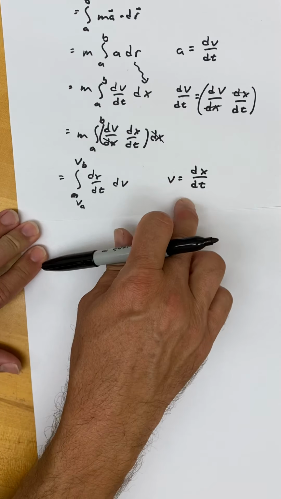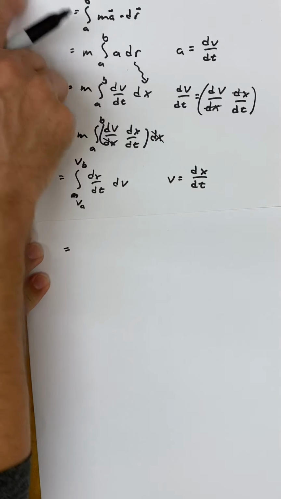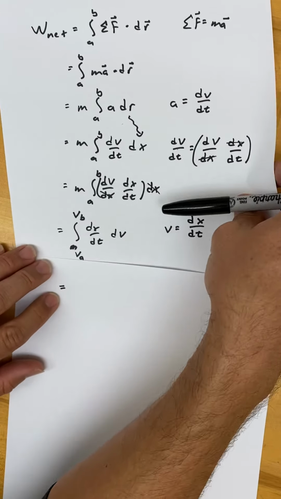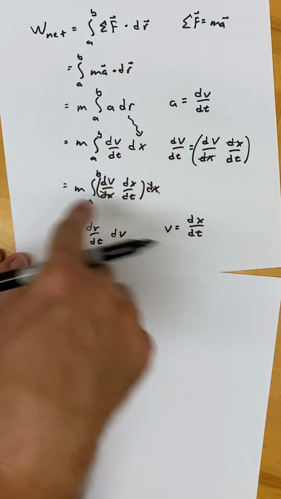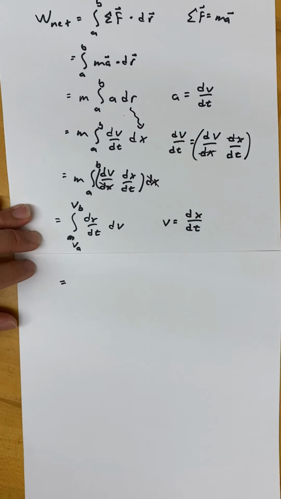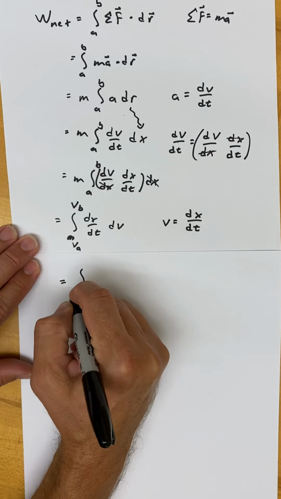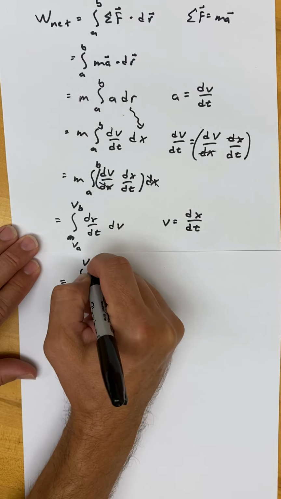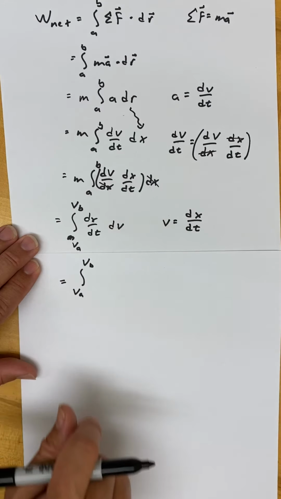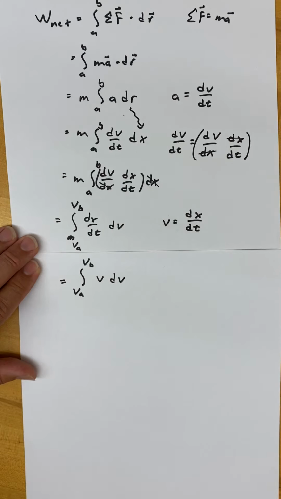Making that substitution, the net work, that's what I'm looking for, and what should be written everywhere along this column that I'm a little lazy to write, is going to be equal to the integral from VA to VB, that is velocity at A to velocity at B, of V dV.